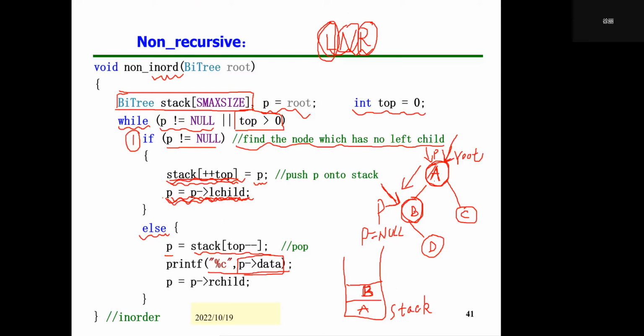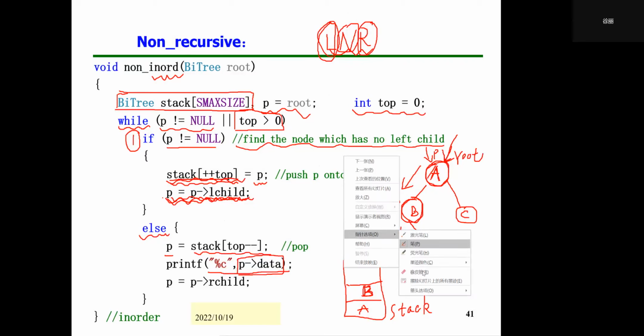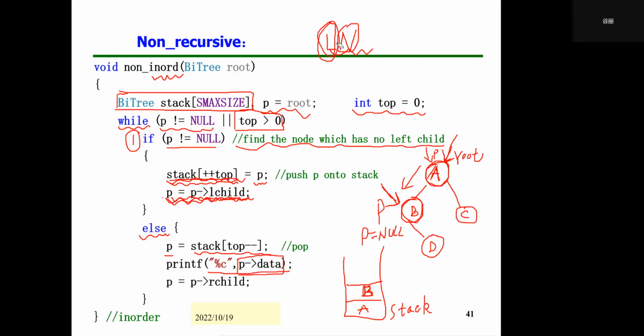Okay. So this is the logical view of the binary tree, right? Do you remember in the previous lesson we talked about the link storage structure of binary tree? If we draw the storage structure, we can draw it like that.